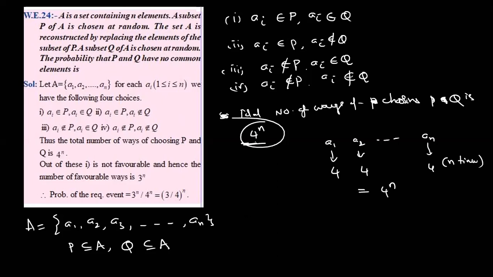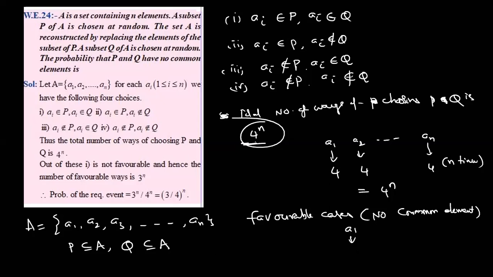Now, what about favorable cases? Anyone? Favorable case means what? There is no common element means what here? Except first case, remaining cases are possible. Am I correct? Favorable case means no common element. Means what? For A1, how many cases are possible?